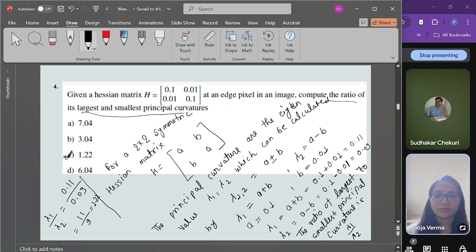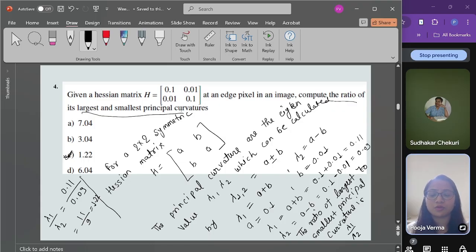Okay, so have you understood? If a Hessian matrix is given, first see if it is a symmetric Hessian matrix. Then you can directly calculate the eigenvalues. The easy way to calculate the eigenvalues for a symmetric 2 cross 2 matrix is lambda 1 equal to a plus b and lambda 2 equal to a minus b.